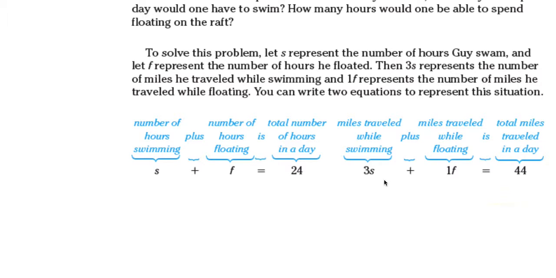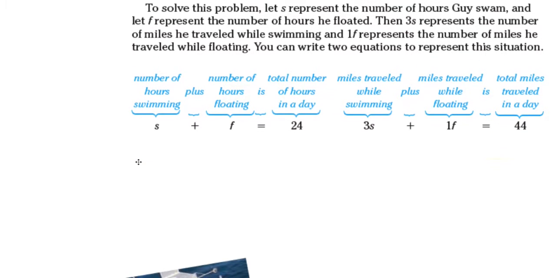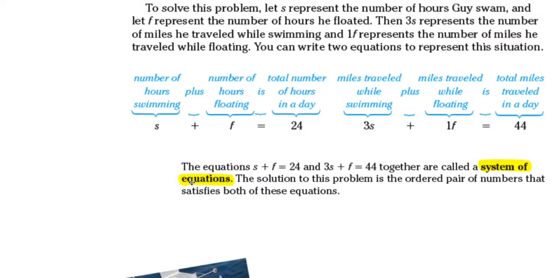And then we go to the second equation. The miles traveled while swimming will be 3S, plus the miles traveled while floating will be 1F, will be equal to the total miles traveled in a day, 44. So these are your two equations. The equations S plus F equals 24 and 3S plus F equals 44 together are called a system of equations.